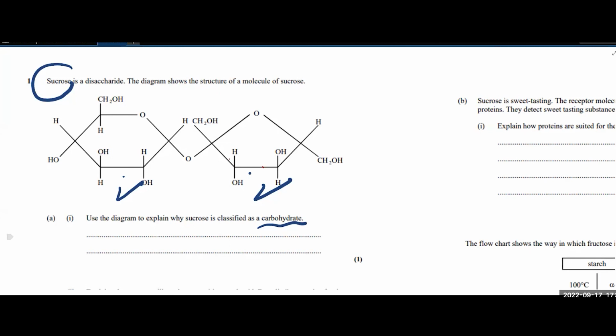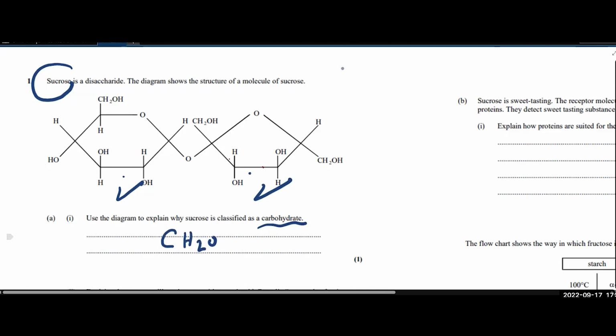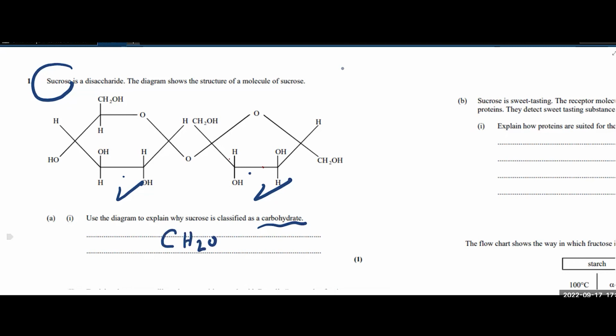So carbohydrates are chains of molecules which have polyhydroxyl groups bonded to them. Do you have any doubt about that? They also have the formula CH2O. That's why it's called carbohydrate, right? A hydrocarbon chain which has polyhydroxyl groups and the formula CH2O.